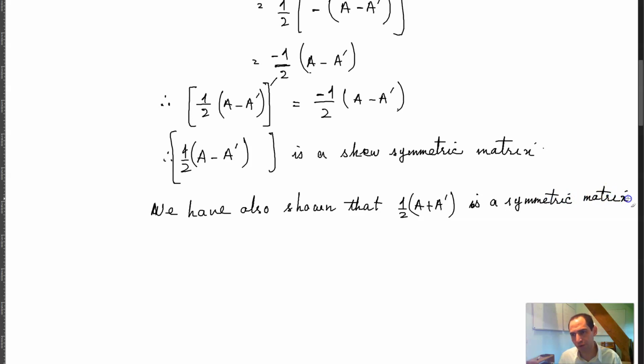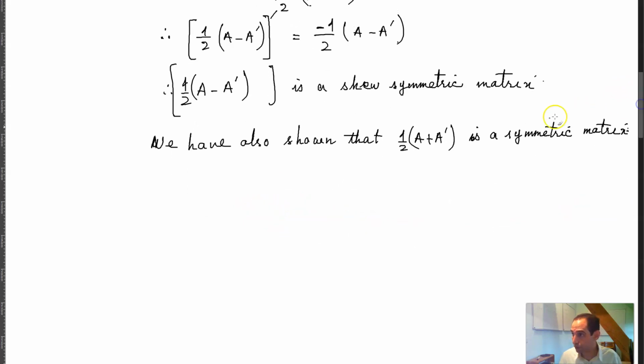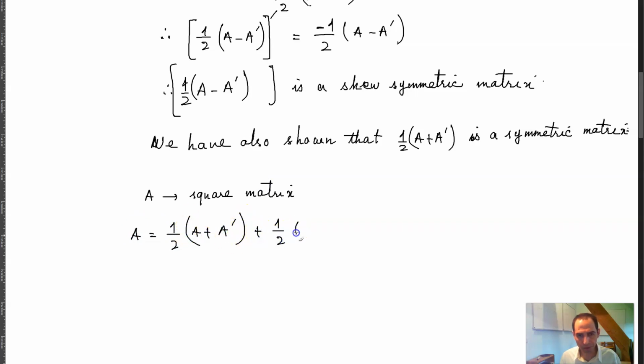So putting all of that together, we took A as a square matrix, and we wrote A as 1/2 of (A plus A prime) plus 1/2 of (A minus A prime), right?